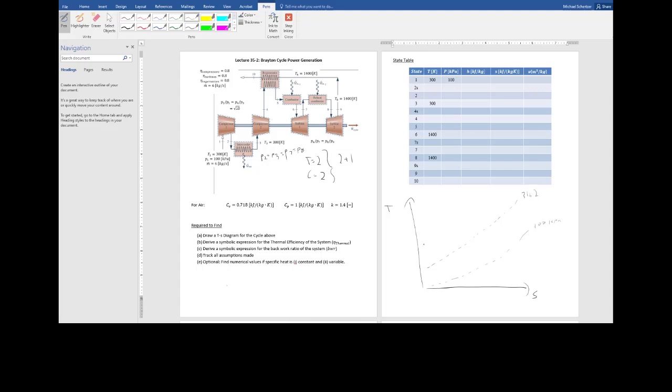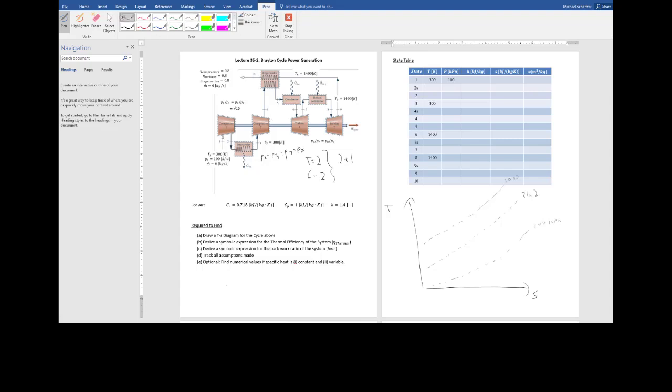And then I need my high pressure, which, if I multiply that times root 10, I get 1,000. Which is good, because 100 times 10 is 1,000.